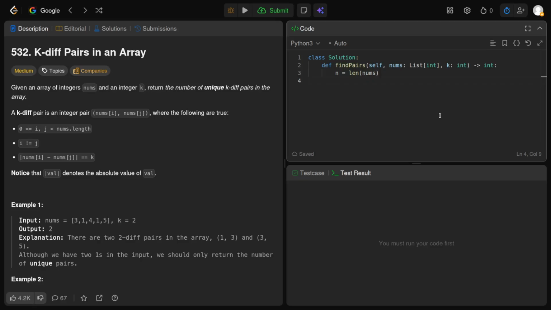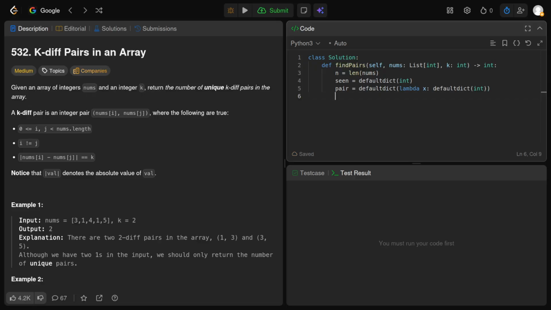Okay, let's do seen, right? And then we need a pair dict, defaultdict lambda x, dict int.